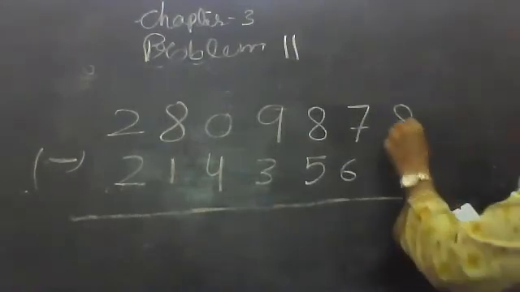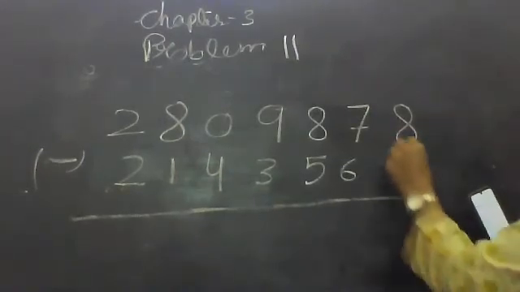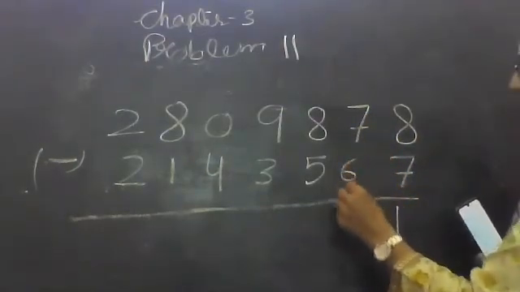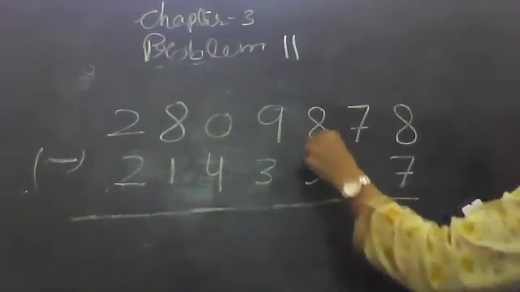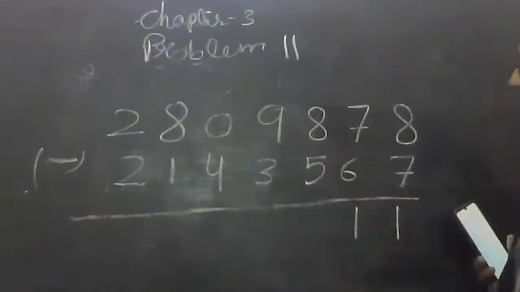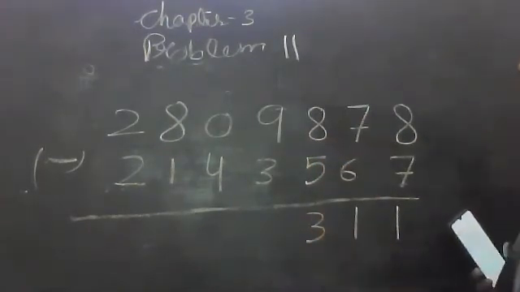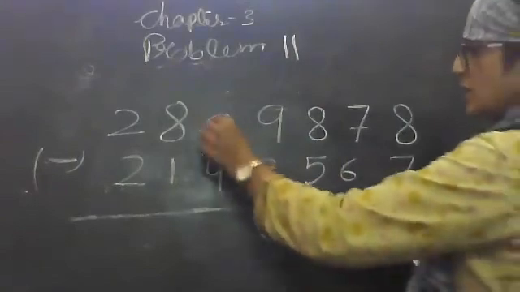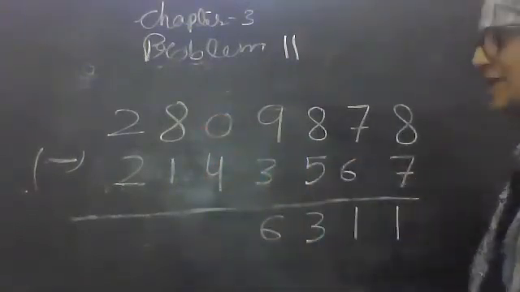Now you see, 8 less 7 is 1. From 7 you can subtract 6, that is 1. From 8 if you subtract 5, it is 3. From 9 you can subtract 3, it is 6. From 0 you can't subtract 4.